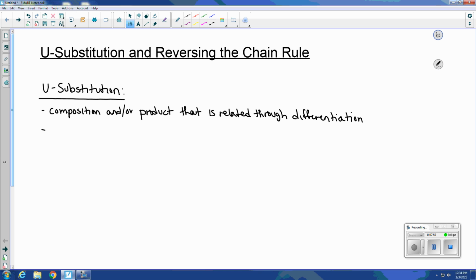Once we have identified that we think u substitution is needed, the question is, what do we set u equal to? We're going to look at two different scenarios. The first one: when you look at the function, set u equal to the inner part of what we're going to call the ugliest piece of the function.